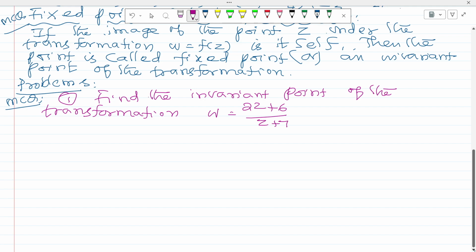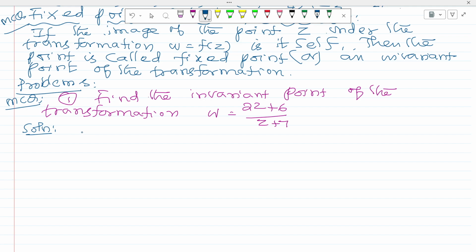Now listen, if the problem is given like that, remember the fixed point definition: the image of the point z under the transformation W equal to f of z is itself, then the point is called the invariant point. Write the solution for this.